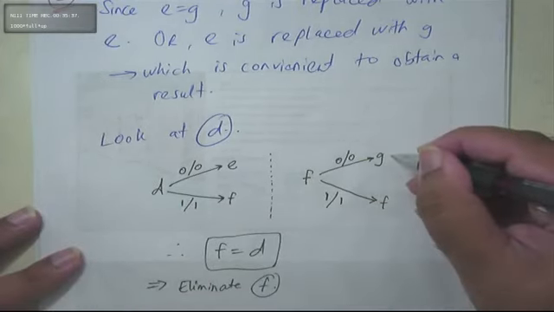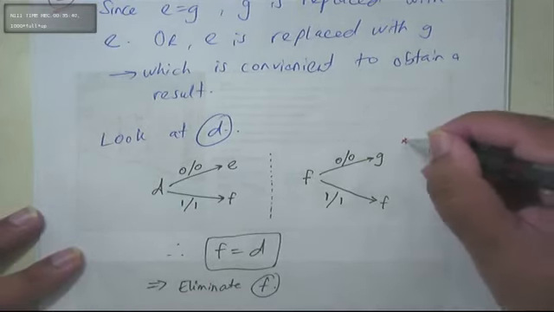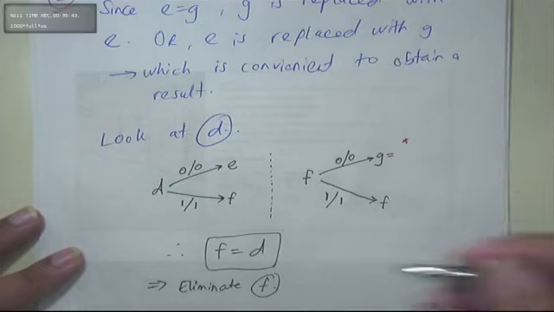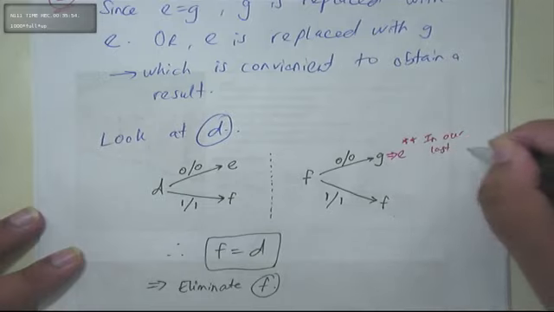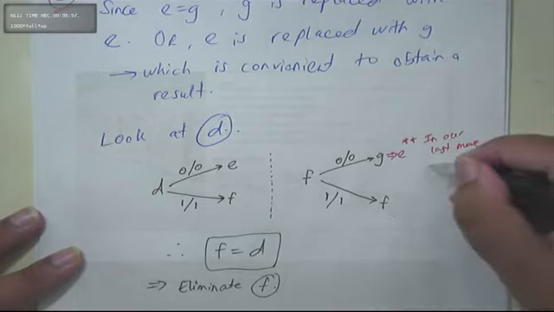Guys, what do you recall now at this point? G, in our last move, what did G become? G has become E now. Right? So just put in our last move or reduction, G became E. Yeah? All right.